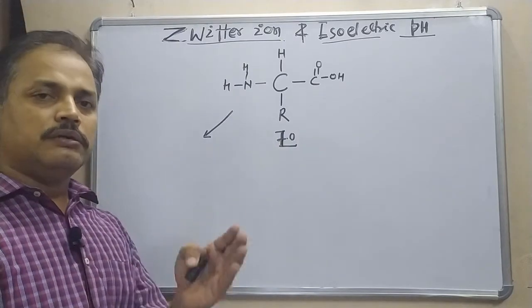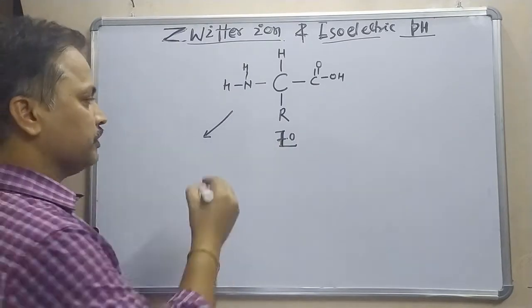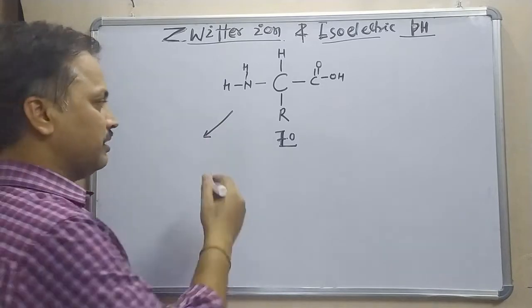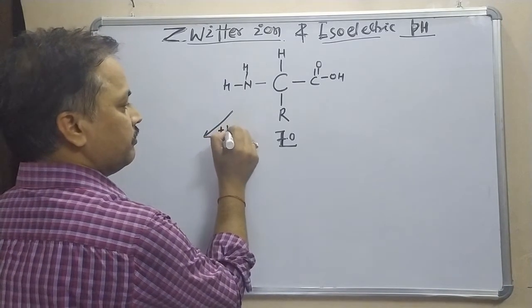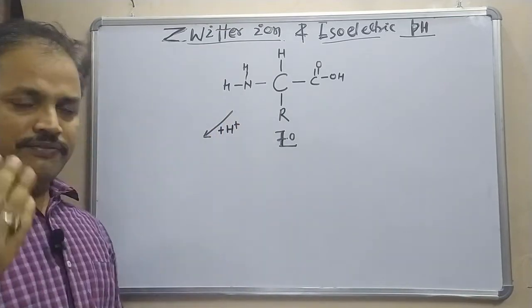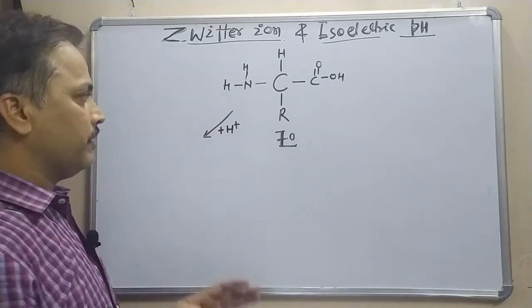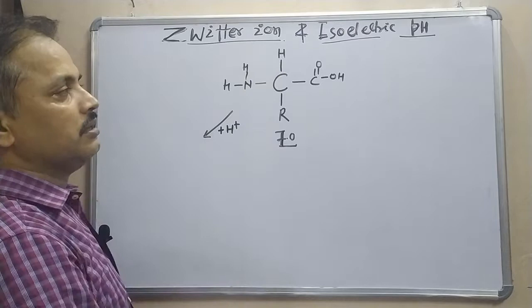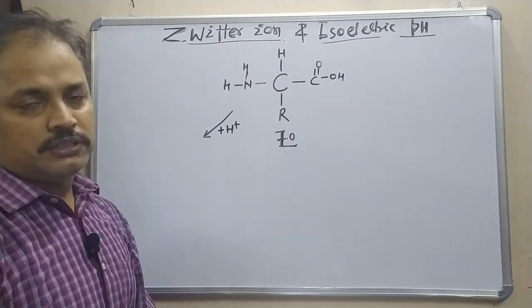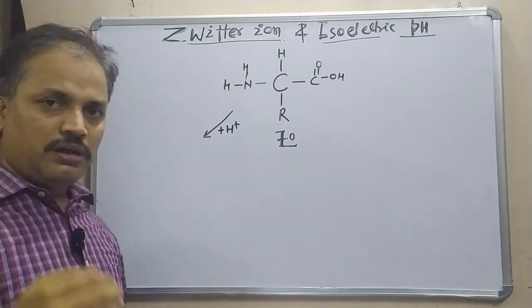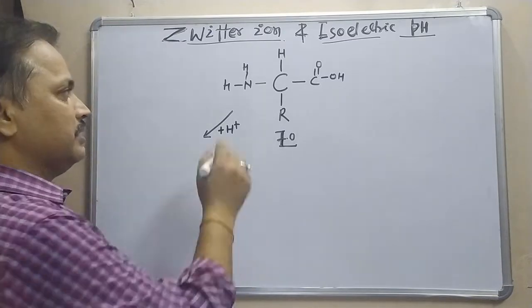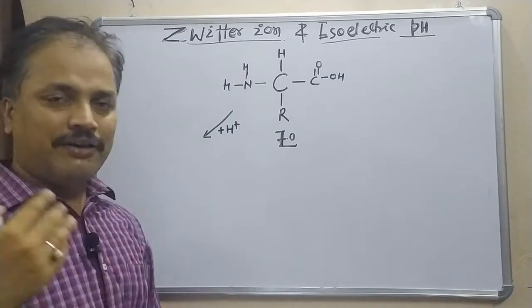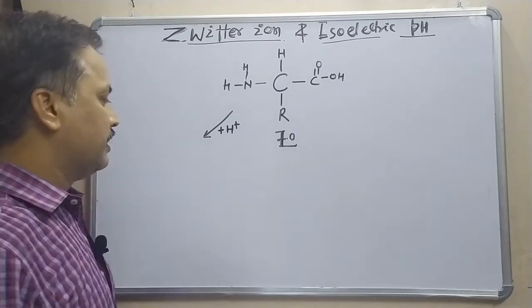If I decrease the pH, I am going towards the acidic side, where H plus ions are available in surplus amount. This H plus will be taken up by a group of the amino acid, and the basic group has the tendency to take up H plus ion.